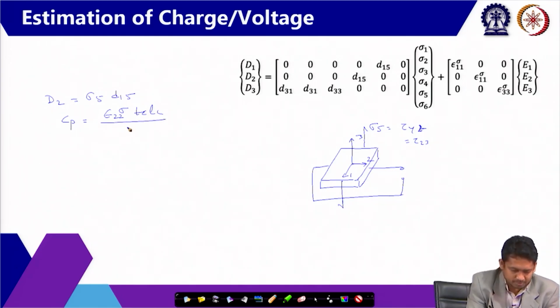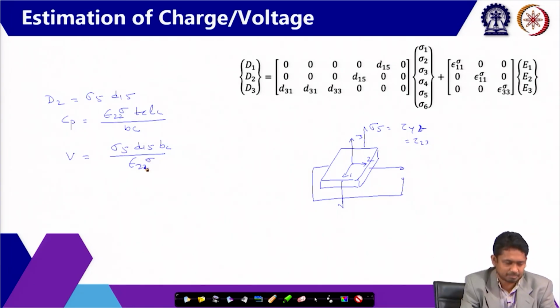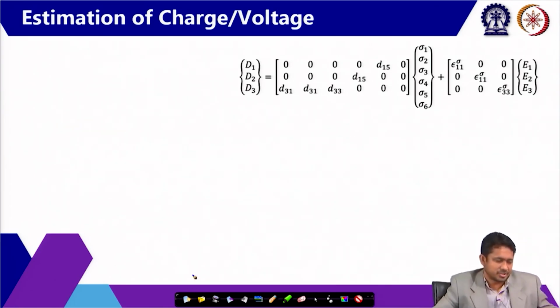So, this is our capacitance, and voltage becomes sigma 5 d15 Bc by epsilon 22 sigma. So, that is about measuring the voltage or charge.